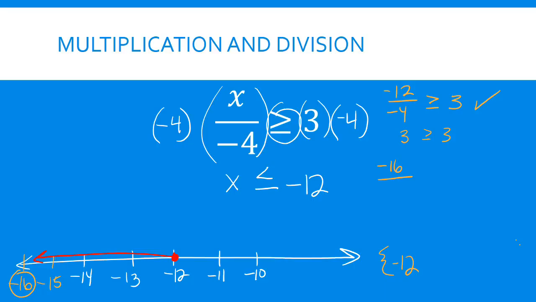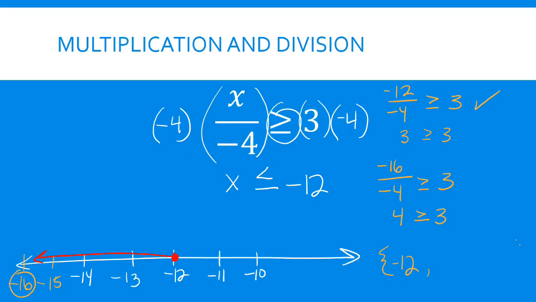We put in -16 for x, divided by -4, is greater than or equal to 3. So -16 divided by -4 gives us a +4. It's greater than or equal to 3. So -16 checks out in our solution set here.